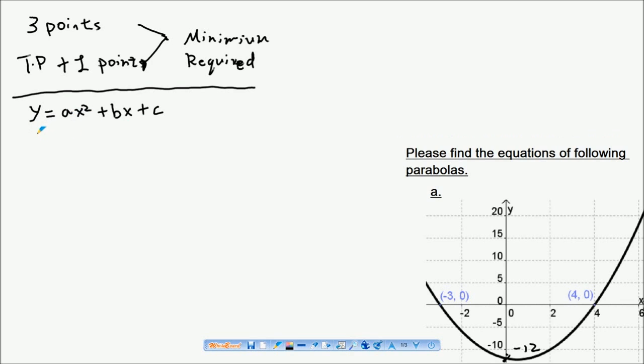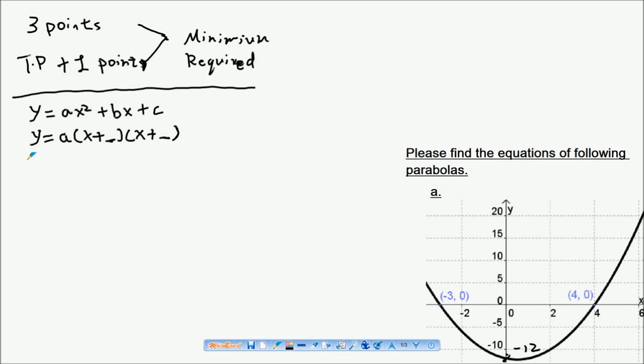Or a parabola can be in this form: y equals a, a constant or coefficient, times x plus a certain number, and x plus another certain number.